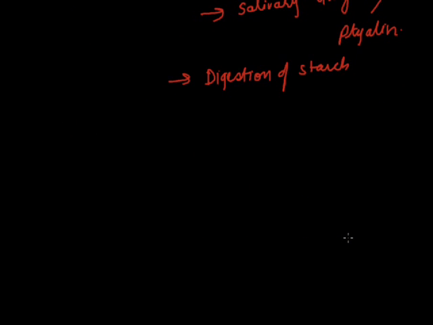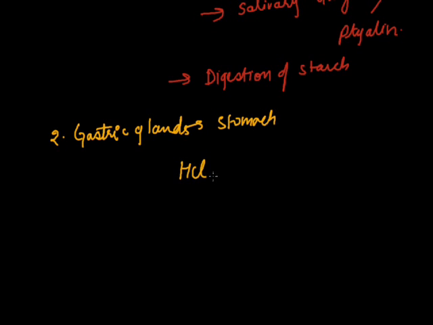Next digestive gland is gastric gland. Gastric glands are present in the stomach and they secrete hydrochloric acid, protein digesting enzymes like pepsin, etc., and mucus. These are the three secretions of the gastric glands.